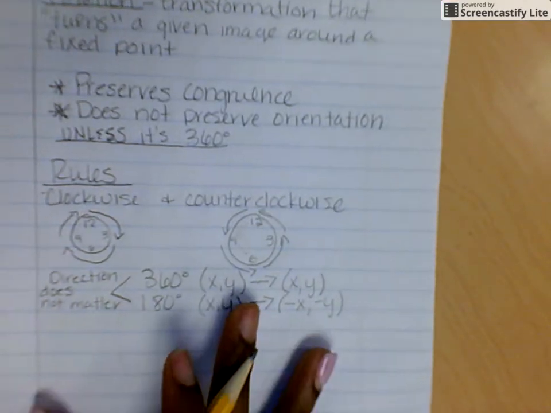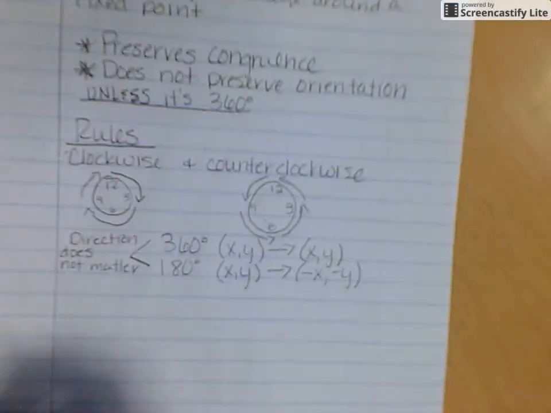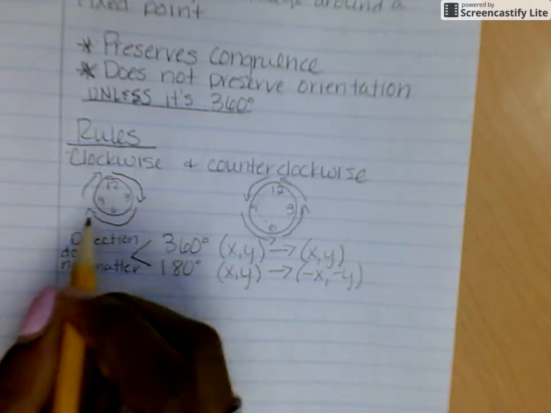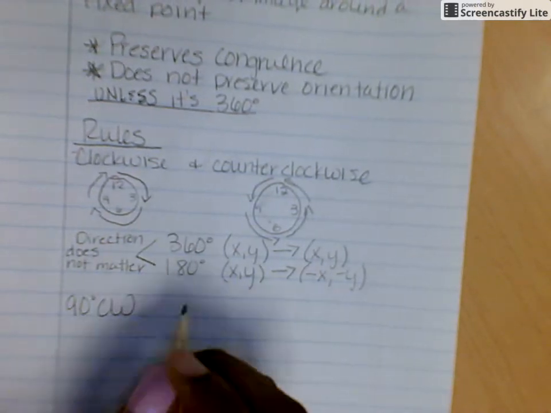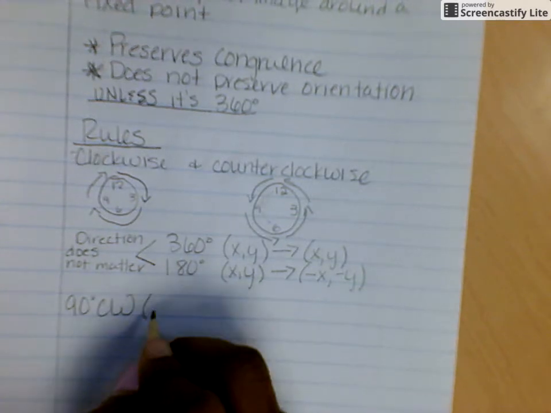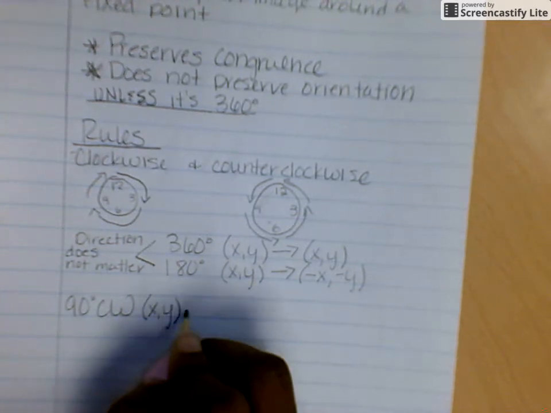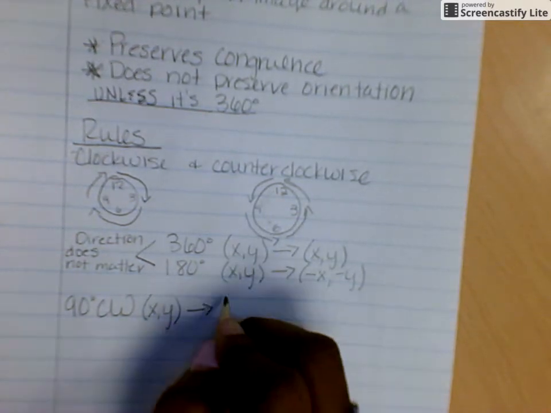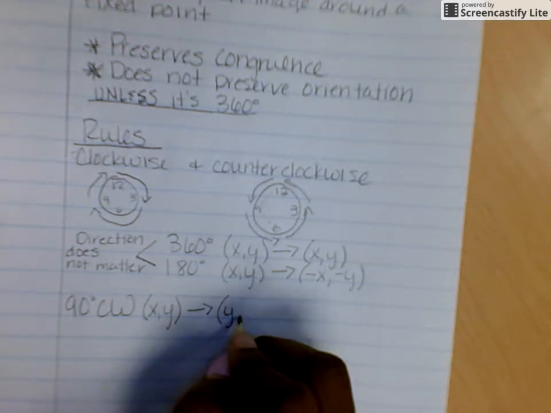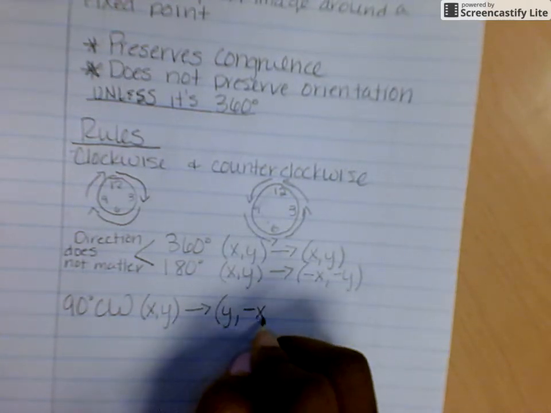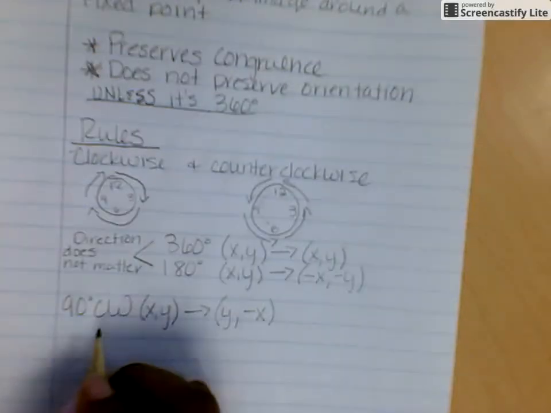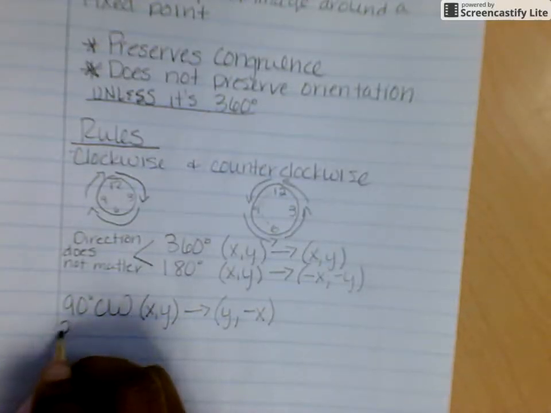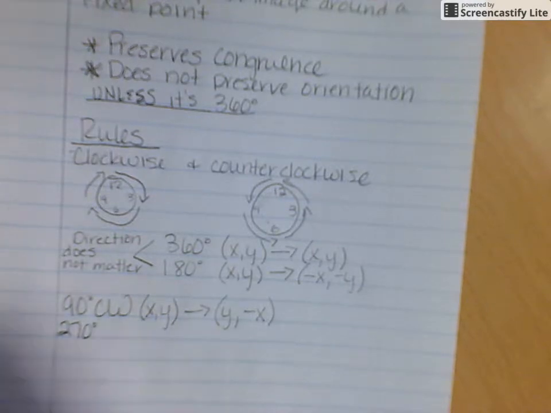All right. The ones that do matter are 90 degrees. So 90 degrees clockwise starts off as (x, y), and the rule, y will be moved to the front, x will be moved to the back and become opposite. We already have 180, and then the other degree would be 270 degrees.